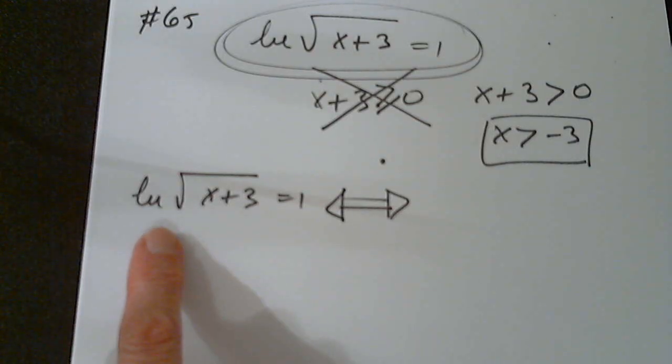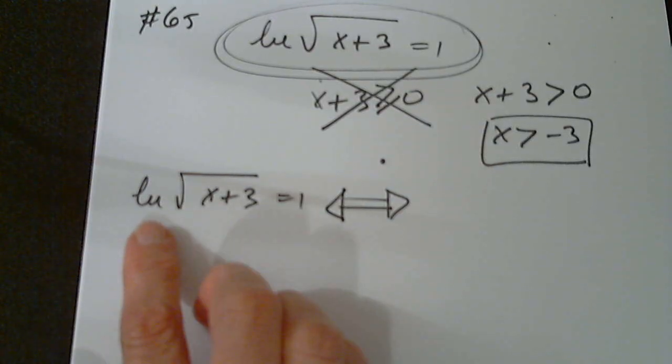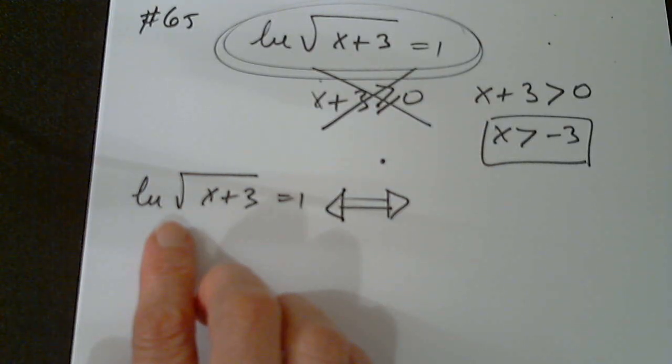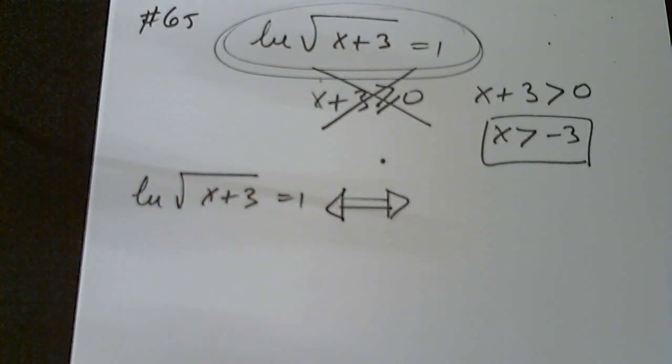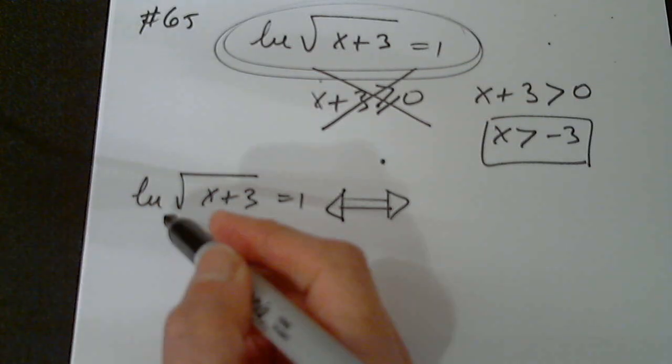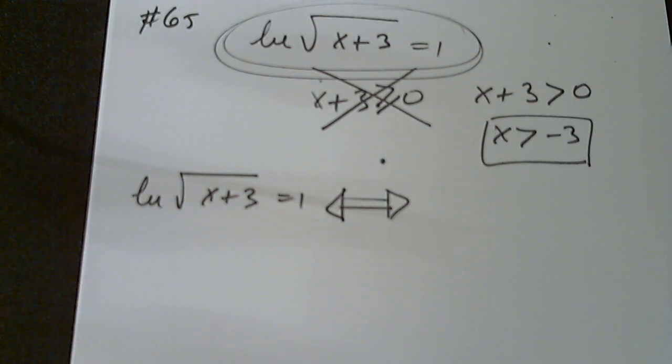What is the base here? Can anyone tell us what is the base of natural log? Would the base be 1? E. There is no base of 1. There is no 0, there is no 1, there is no negative. Natural log is, again, let's take a look.